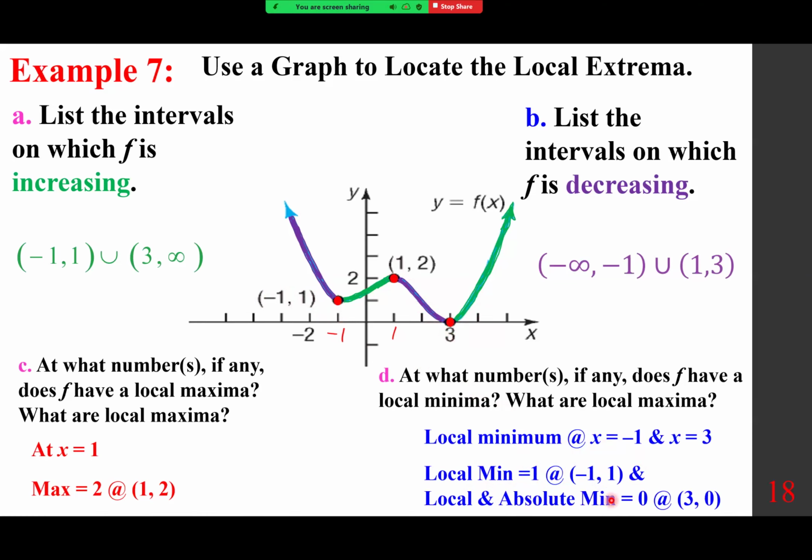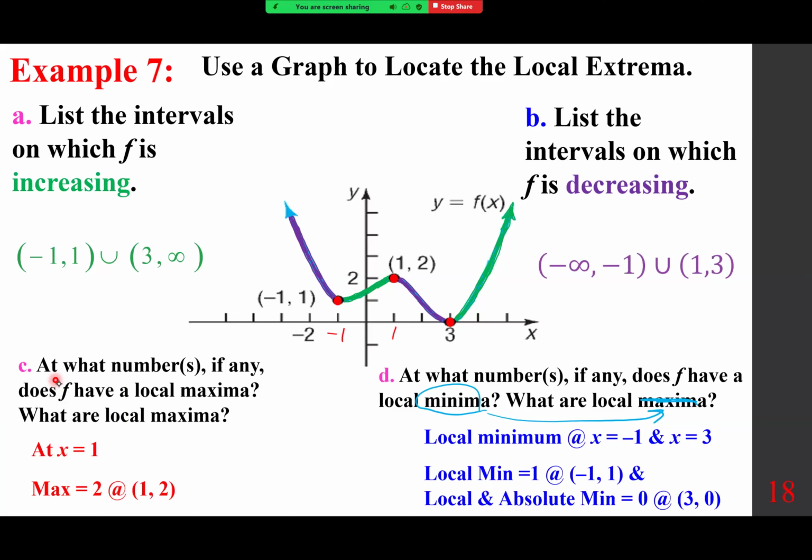So it happens at this pair, which has coordinates 3 comma 0, and the y coordinate is 0. So local and absolute minimum equals 0.